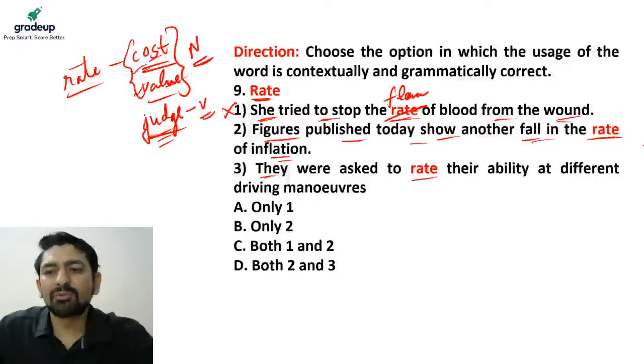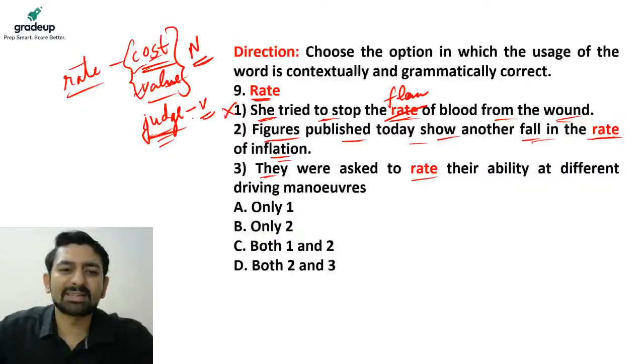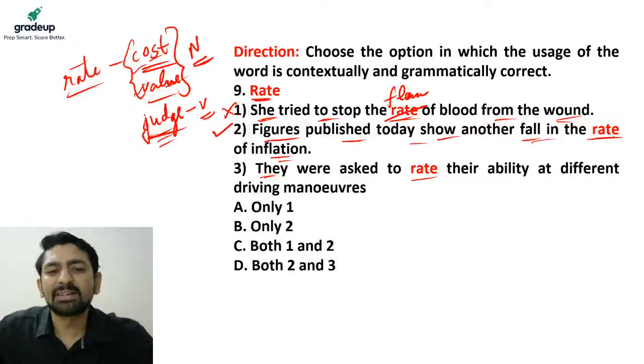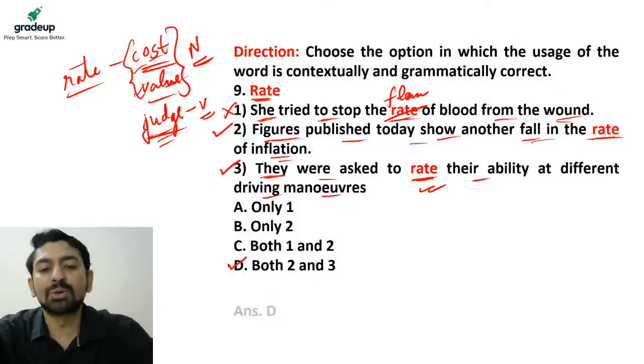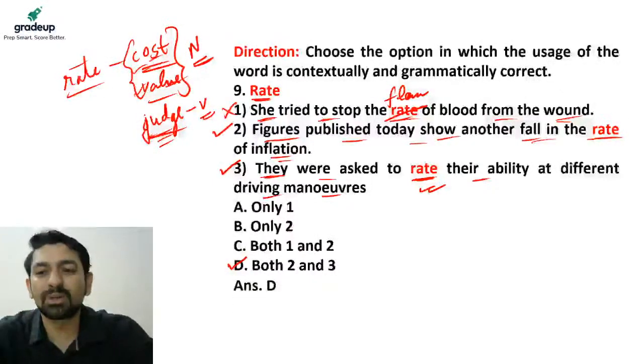In the value of inflation, yes, the second sentence is absolutely right. The third says, they were asked to rate their ability, judge their ability at different driving maneuvers. They were asked to judge. So the third is also correct. So the correct answer should be D, both 2 and 3. Whosoever said both 2 and 3, absolutely right.